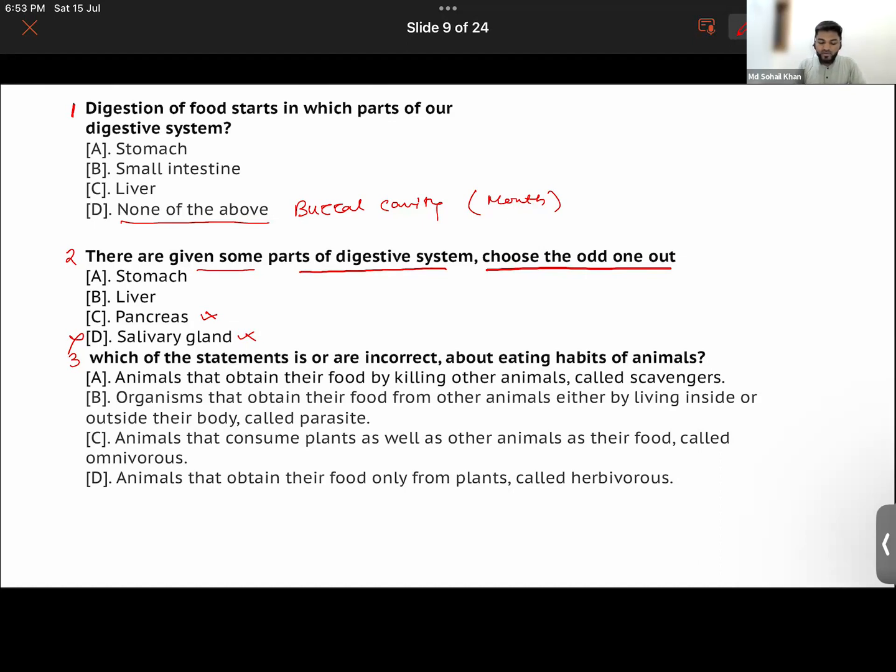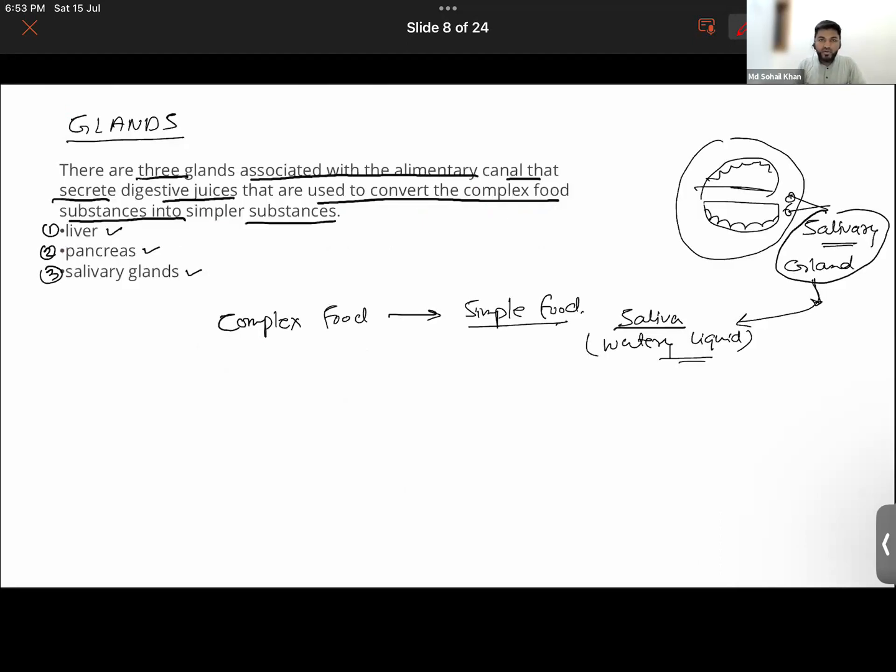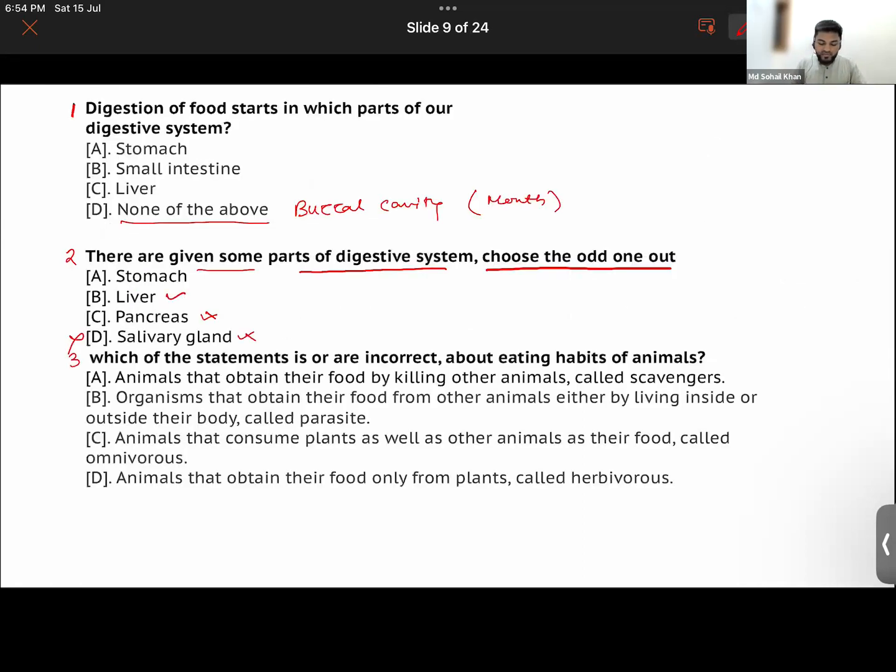If you remember in the previous class, I told you about glands. They are basically associated with alimentary canal, and their basic function is to secrete digestive juices into the alimentary canal. And there are three of them: liver, pancreas, and salivary gland. So there are three glands, no? Liver, pancreas, and salivary gland are glands, while stomach is not a gland. So stomach is the answer.